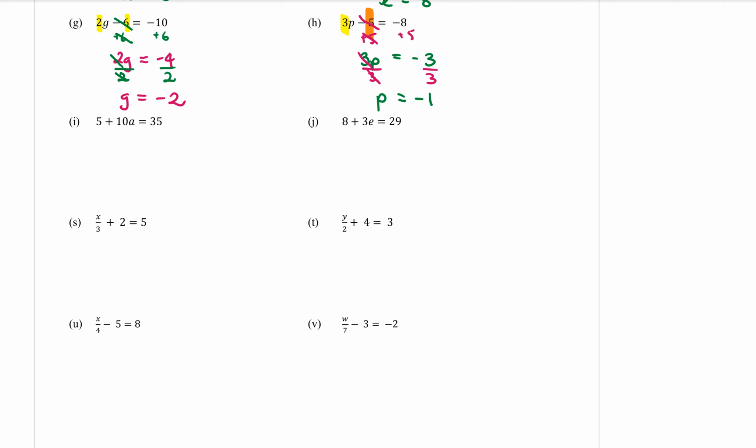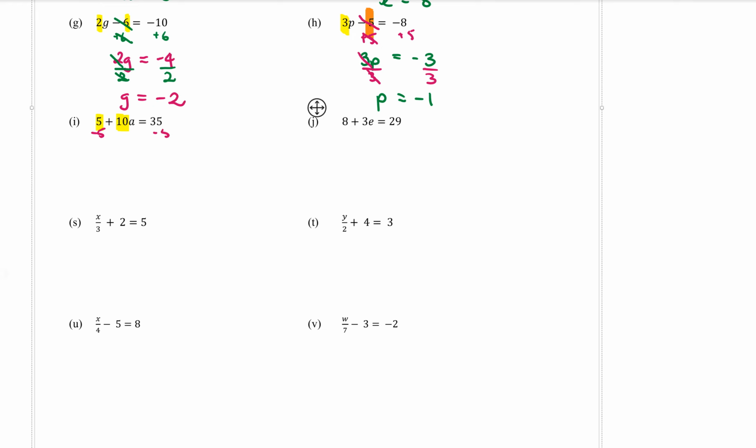Question I. We have 5 plus 10a. Okay, so the a is multiplied by 10 and then we've added the 5. Even though these terms are switched around, I have to start with the 5 first in moving them away. So that means I'm going to subtract 5.